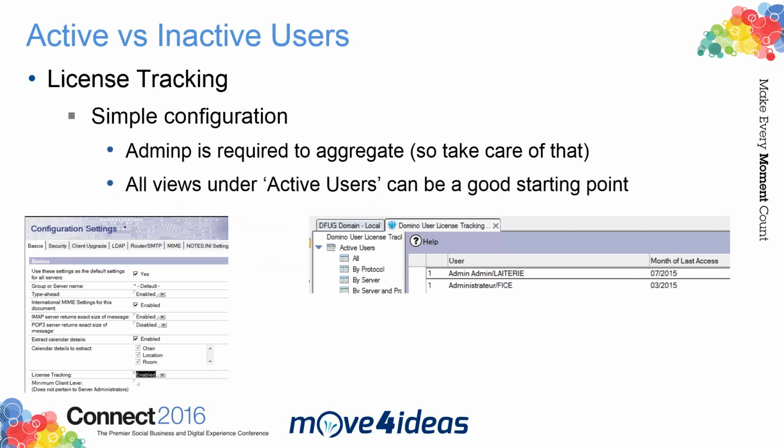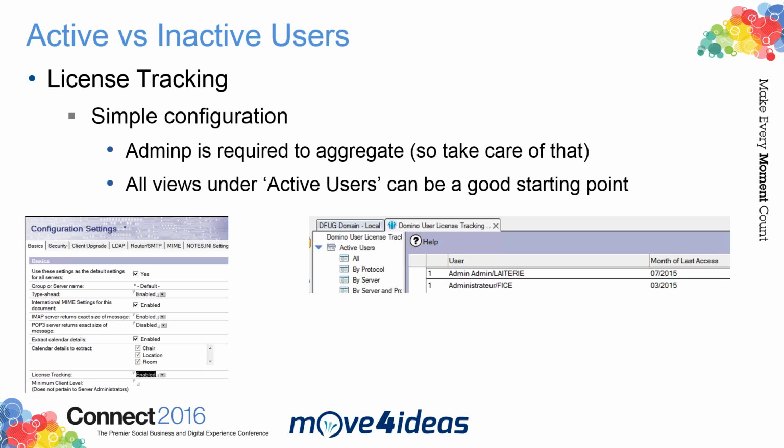So the only problem we have with that is that on a huge system, if you have more than 60 servers, you will have to remember that AdminP is required to aggregate the information. So you only have one administration server in one Domino domain.